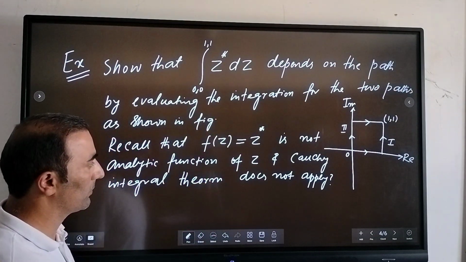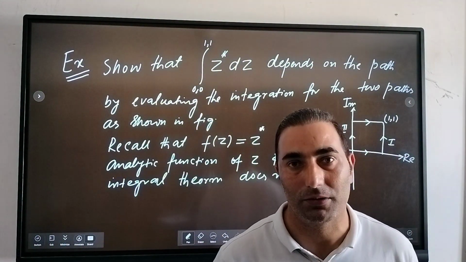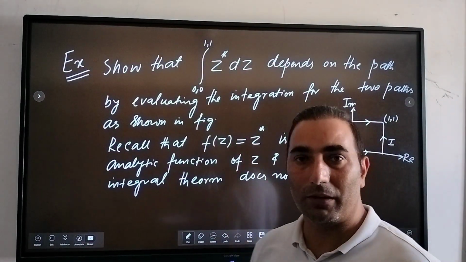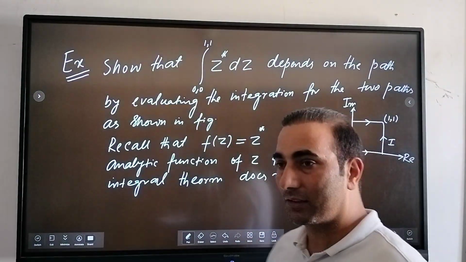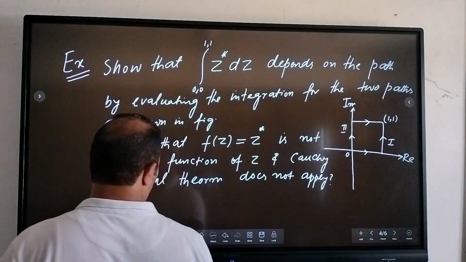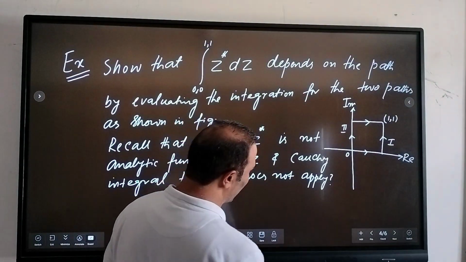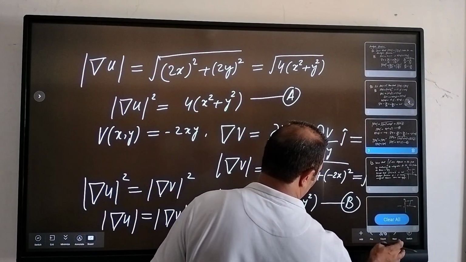It is not an analytic function of z, right? And the Cauchy integral theorem does not apply here, because the Cauchy integral theorem states that we must have a closed path and the function must be analytic.